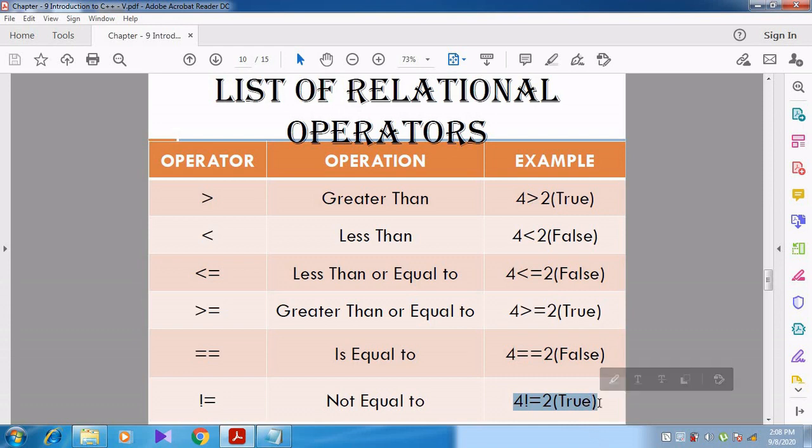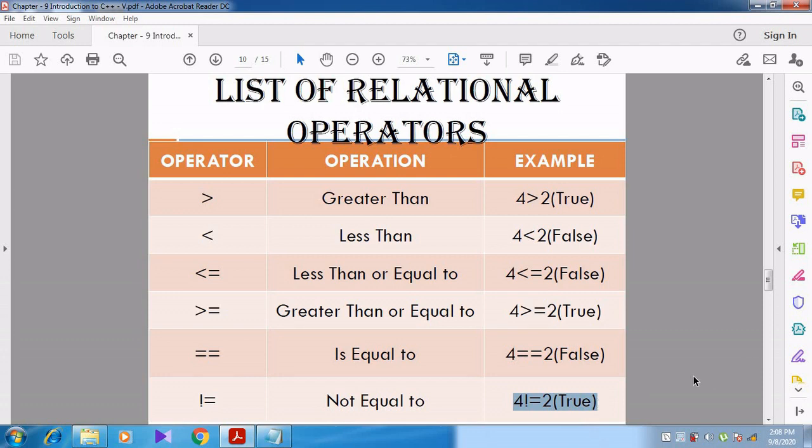Yes, true. So we have 6 relational operators: greater than, less than, less than or equal to, greater than or equal to, is equal to, and not equal to. They yield the result true or false, that is 1 or 0.